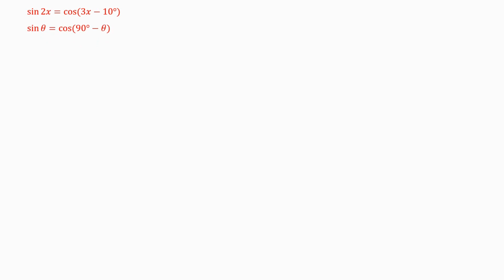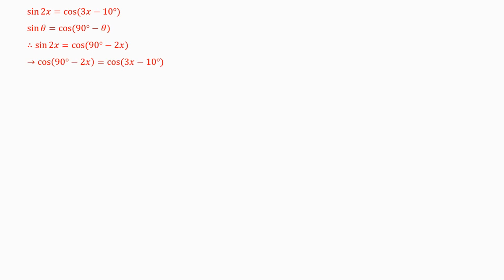So applying this identity, we shall have sin 2x is equal to cos (90 degrees minus 2x). So we substitute the sin 2x by cos (90 degrees minus 2x). We have cos (90 degrees minus 2x) is equal to cos (3x minus 10 degrees), sorry.